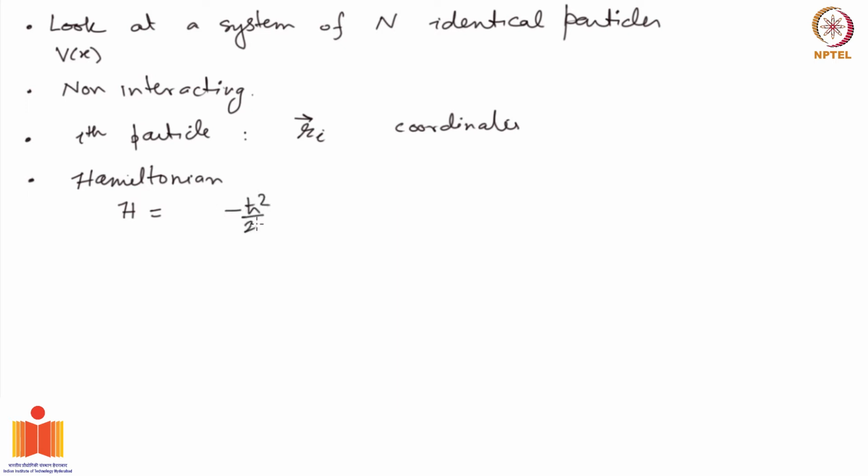I'm assuming all of them have the same mass because they are all identical. The partial derivatives here are with respect to the coordinate of the ith particle, plus V(R_i). And then I should sum over all the particles.